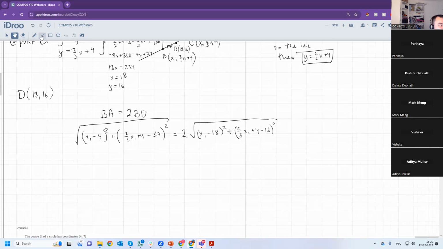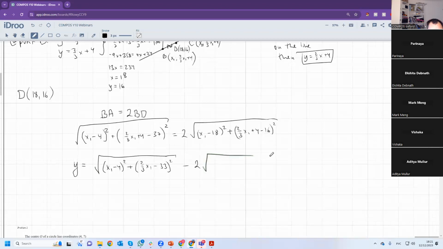Right, so what you need to do is write them down. You write down y is equal to square root of x1 minus 4 squared plus 2/3 x1 minus 33 squared, minus 2, so you put them all onto one side, and x1 minus 18 squared plus 2/3 x1 minus 12 squared.